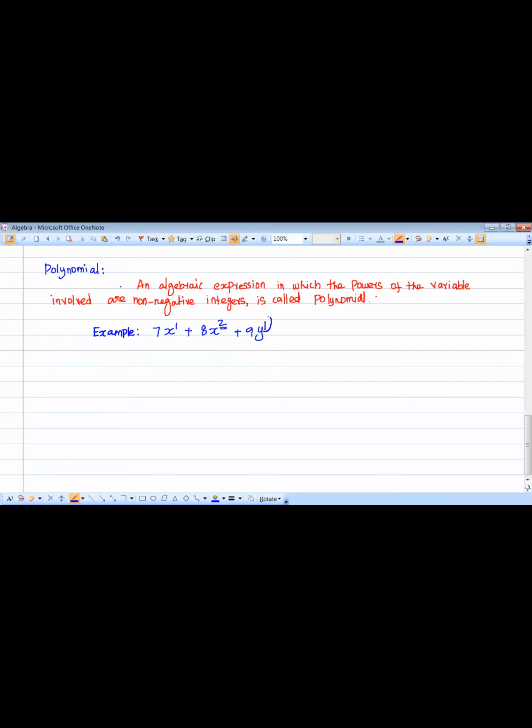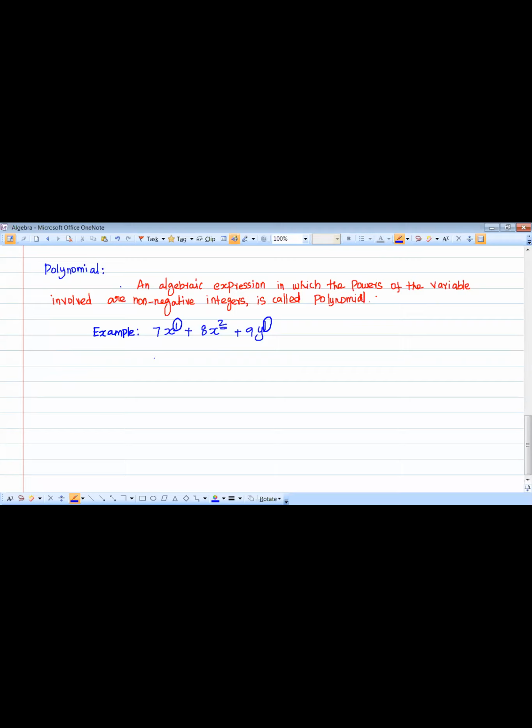Whenever the power is 1, you need not mention it in the algebraic expression. Without a power also, that number is 1. Got the point? An algebraic expression in which the powers of the variable involved are non-negative integers is called a polynomial.